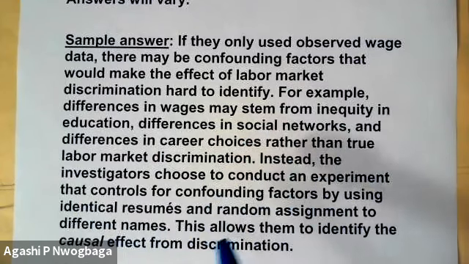Instead, investigators chose to conduct an experiment that controls for confounding factors by using identical resumes and random assignment to different names. This allows them to identify the causal effect from discrimination.